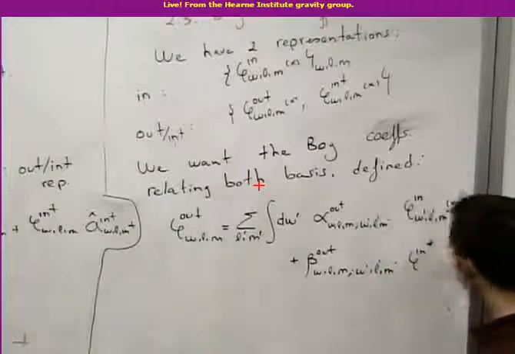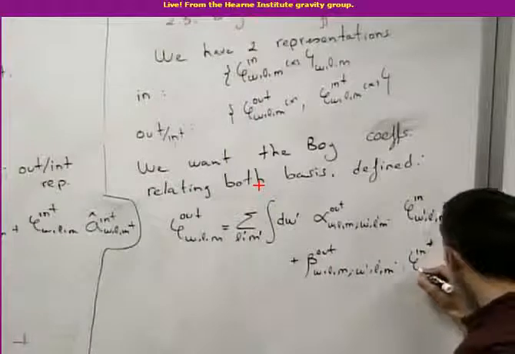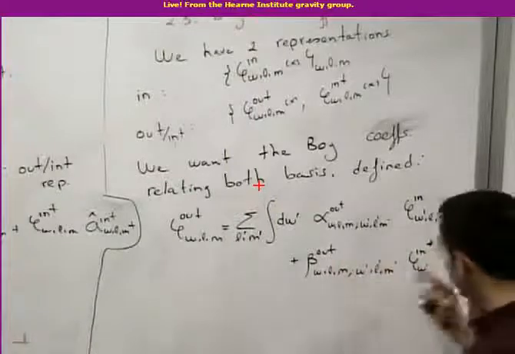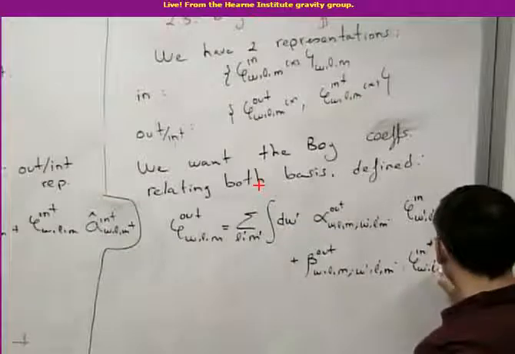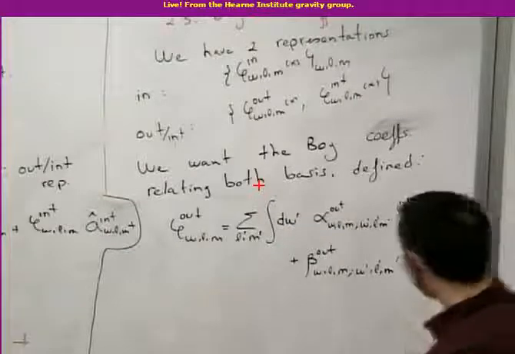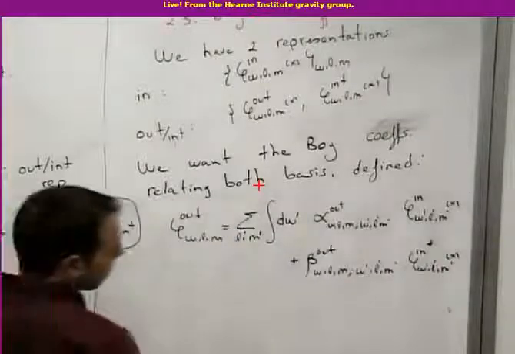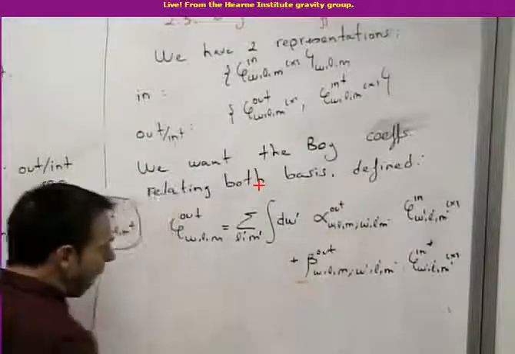Again, they are a complete basis, so there are always coefficients alpha and beta, and they are unique, satisfying this relation. This defines what we mean by alpha out and beta out.